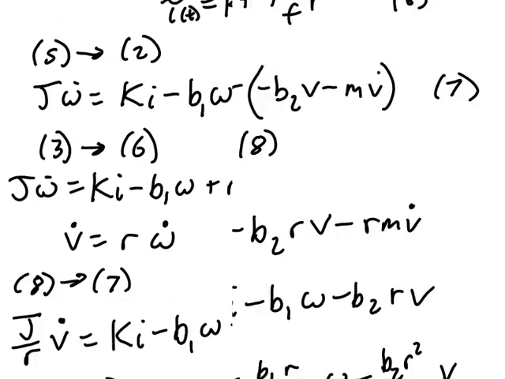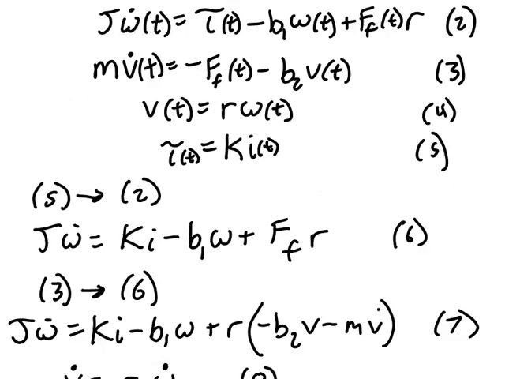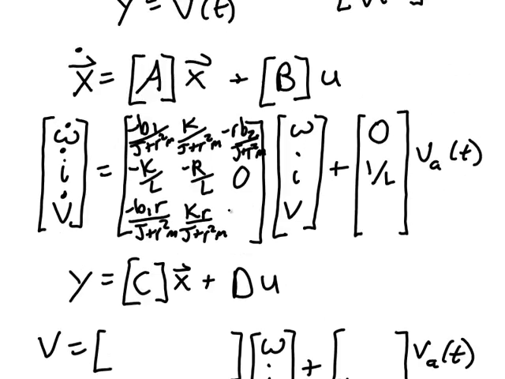And the coefficient in front of v is negative b2 r squared over j plus r squared m. And once again, there's no VA here.